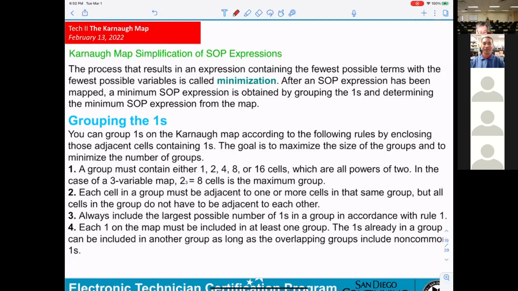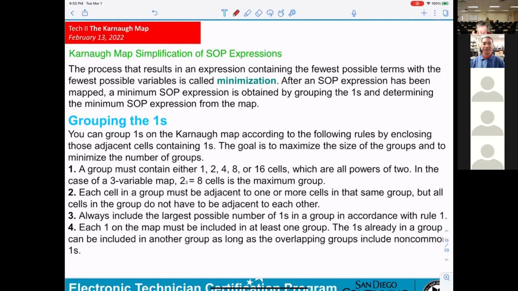You can group the 1s on the K-map according to the following rules. Group by enclosing adjacent cells containing 1. The goal is to maximize the size of the group and to minimize the number of groups.